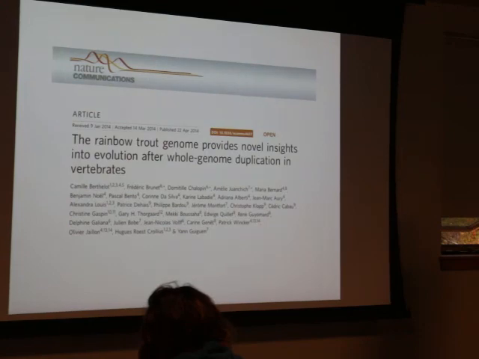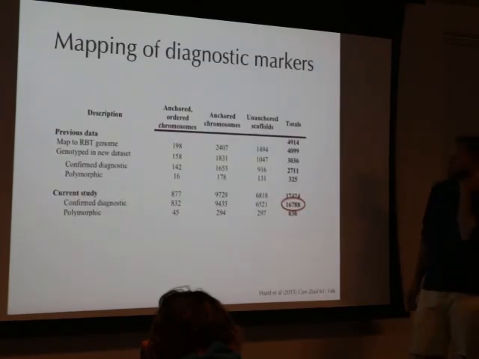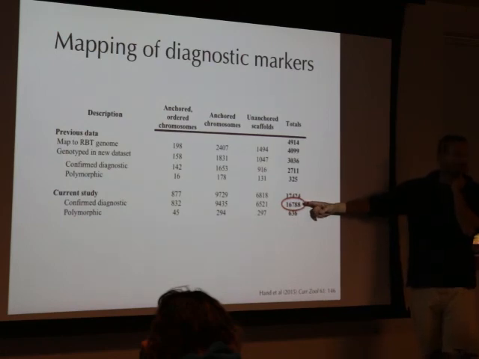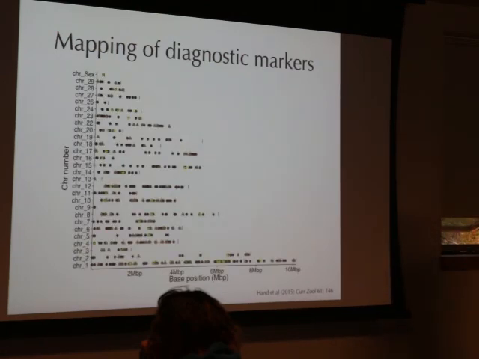And again, after various filtering steps, we got down to this list of diagnostic SNP markers. And now, since we have this reference genome, we can place those things on the map.